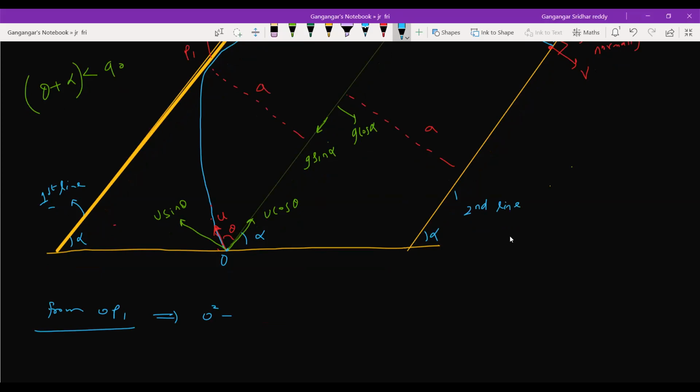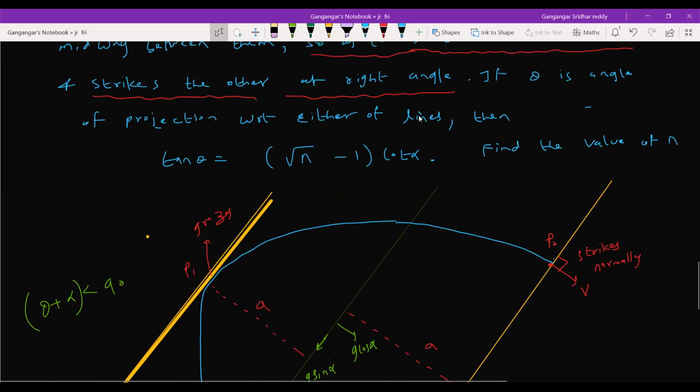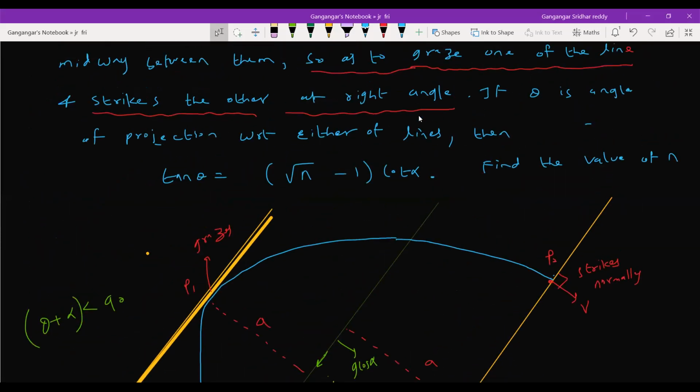They only told theta is the angle of projection. Theta with respect to horizontal becomes theta plus alpha; with respect to incline, theta. Okay, let me check the question. If theta is the angle of projection with respect to either of the lines, okay, fine.